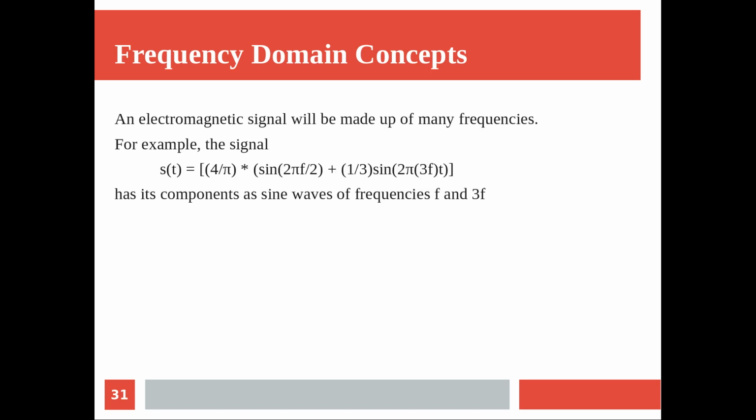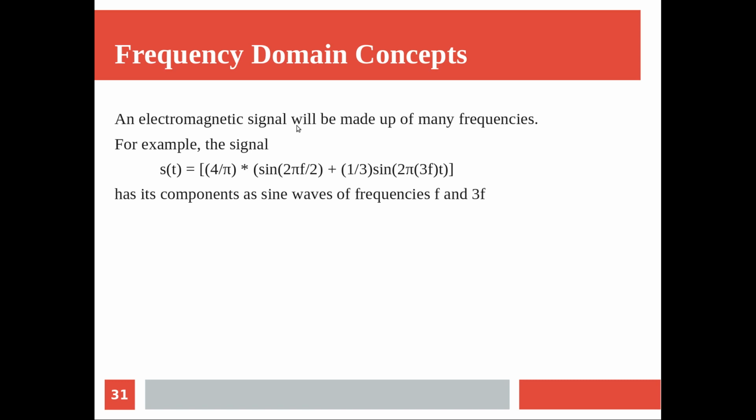Now the frequency domain concept. An electromagnetic signal will be made up of many frequencies. For example, the signal given by this equation has its components as sine waves of frequency f and 3f. So when it comes to reality, we already saw that the electromagnetic wave is taking the form of a sine wave, but most of the signals are made up of more than one sine wave added together.